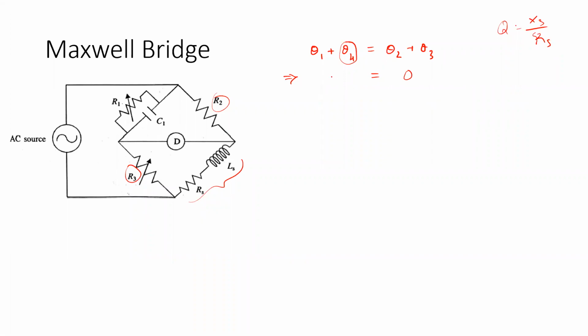It should be plus 90 degrees. So if we want to balance both sides, the angle of theta 1 should be set, or the values of R1 and C1 should be tuned in such a way so that theta 1 gives me almost minus 90 degrees, so that this will counterbalance this inductive arm, and we obtain a balance between the two sides.